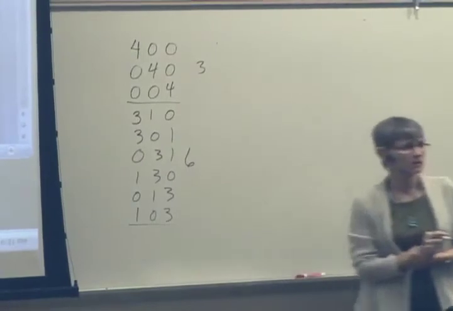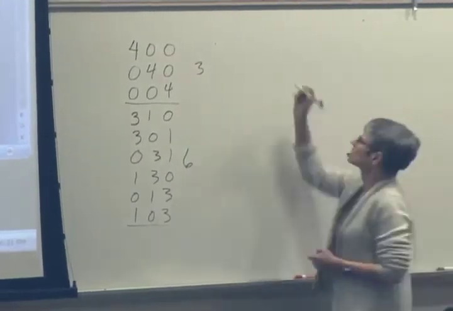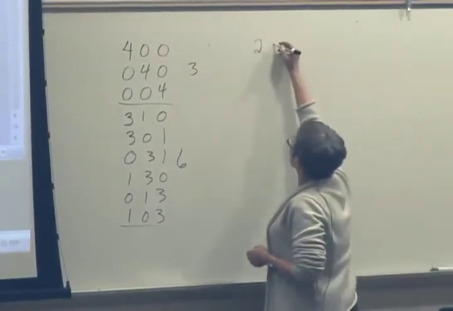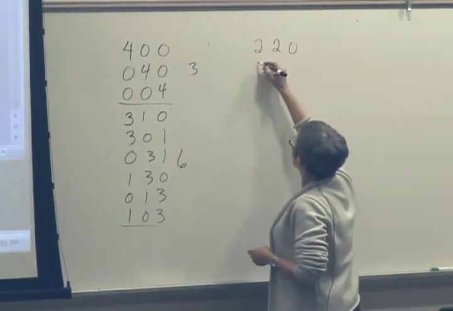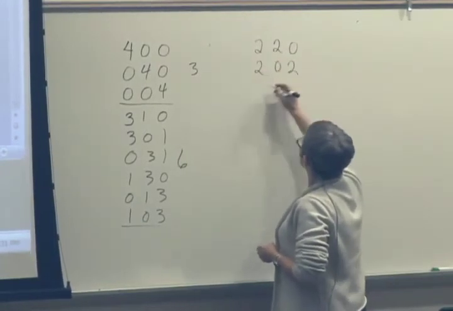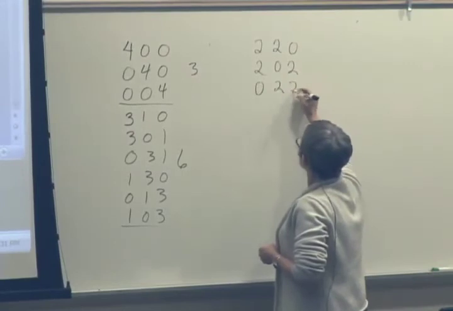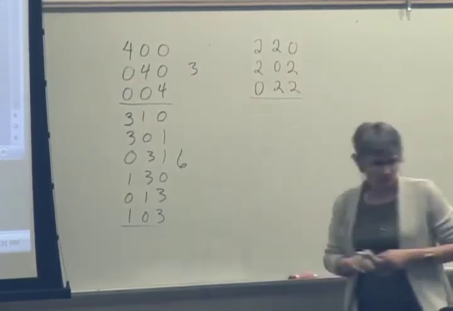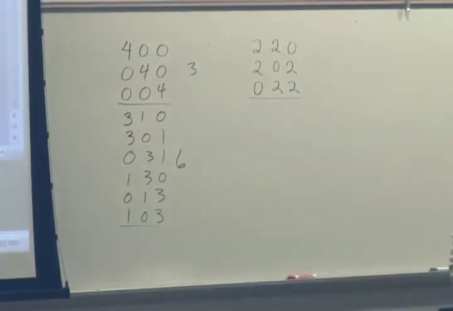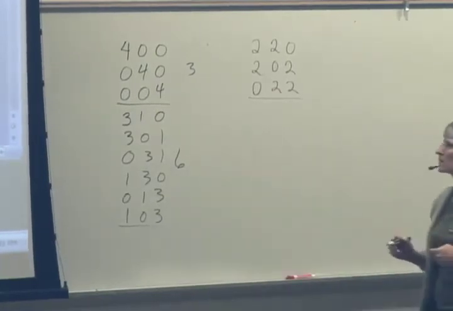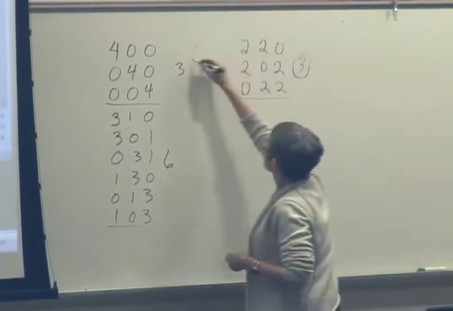Are we done? We're not done. 2s. So 2, 2, 0, 2, 0, 2, 0, 2, 2. We done? So 3 of those. Oh, 2s and 1s.